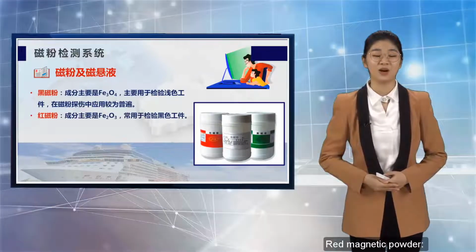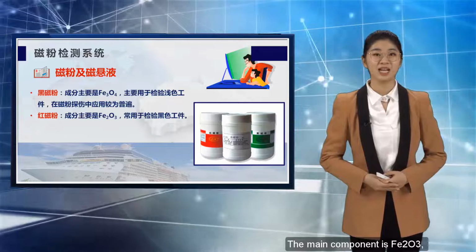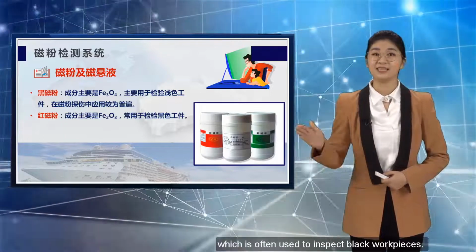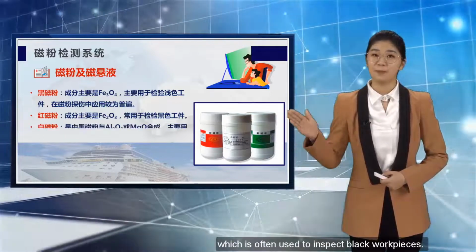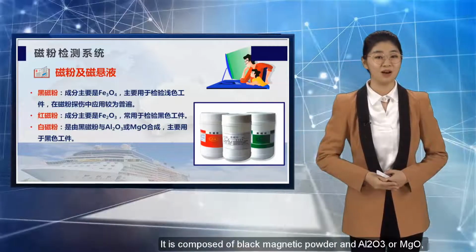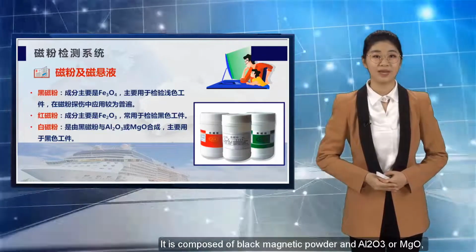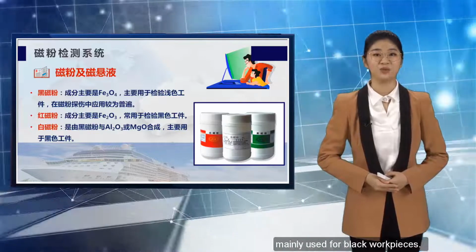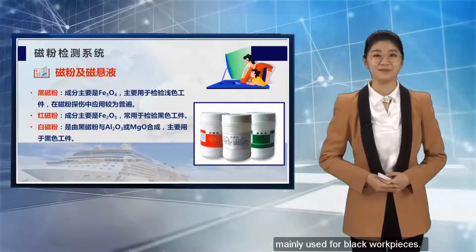Red magnetic powder. The main component is Fe2O3, which is often used to inspect black workpieces. White magnetic powder. It is composed of black magnetic powder and aluminium oxide or MgO, mainly used for black workpieces.